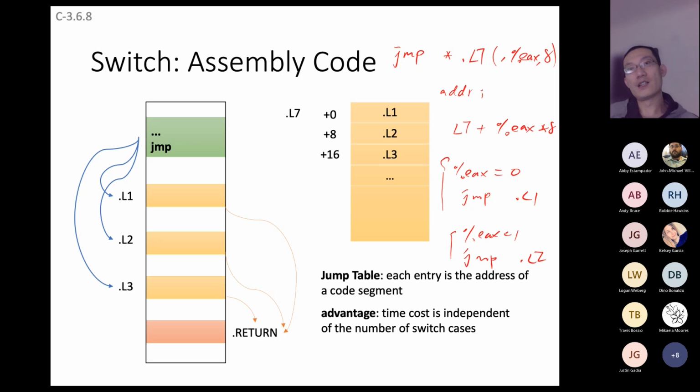So you can see here, the target addresses are in memory, organized by a table, and the start address of the table is .L7. It could be other labels, but here we have L7. And then the core piece of the assembly is something like this. Based on the value of EAX, we offset within the jump table to select the right target to jump to. So that's part of the switch.